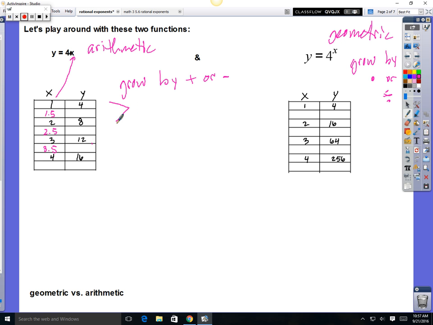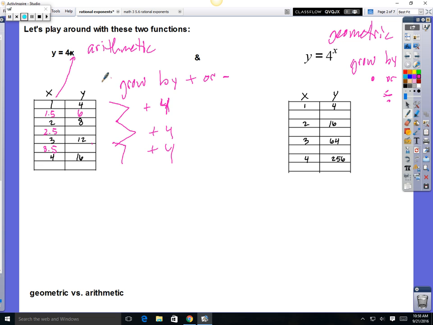So 4 to 8, that went up 4. 8 to 12, that went up 4. 12 to 16, that went up 4. So now, if I want to go in between 1 and 2, if I want to look at 1.5, 1.5 will result in 6, because from 4 to 8, I've got a plus 4.